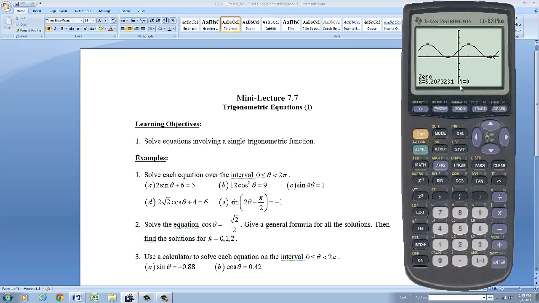Notice y equals 0, so it is a solution. That's an approximation, 5.21 radians. So in this case, you don't have to do any conversion.